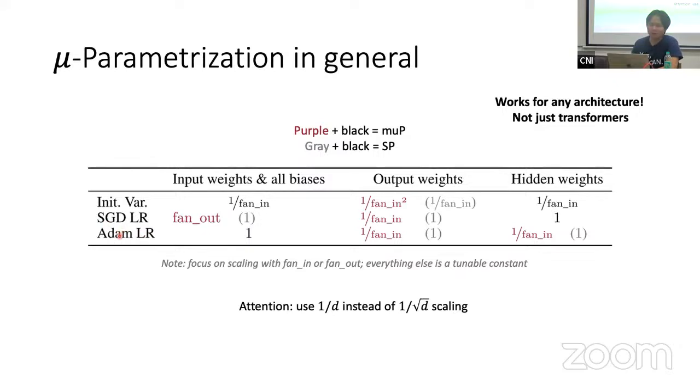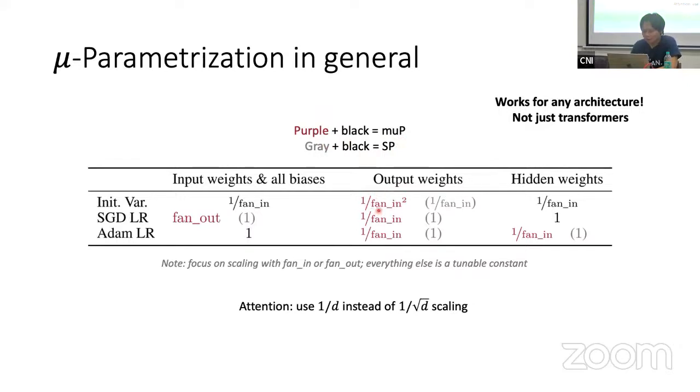The columns show different parts of the network: input weights, biases, output weights, hidden weights. And the entries tell you how to scale these hyperparameters. There are some colors in the entries here, and the way you read the color is that the purple plus black gives you UP, and the gray plus black gives you S2.